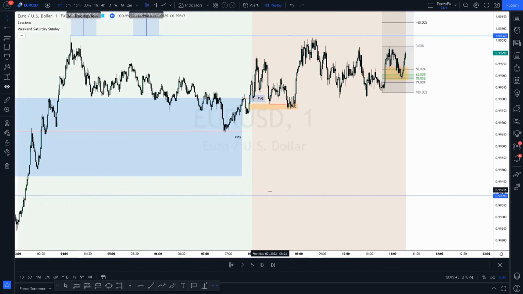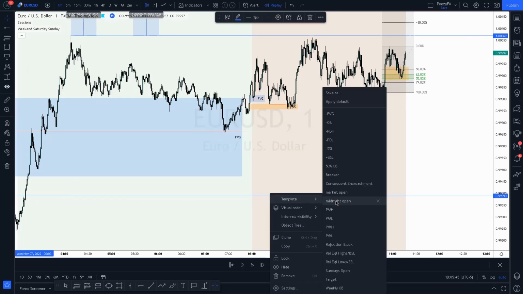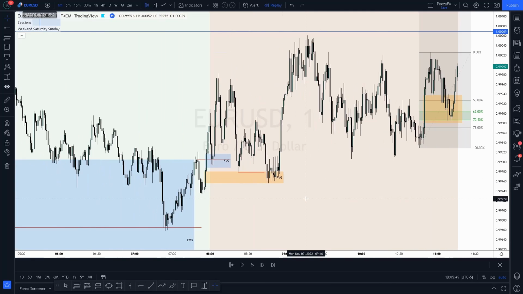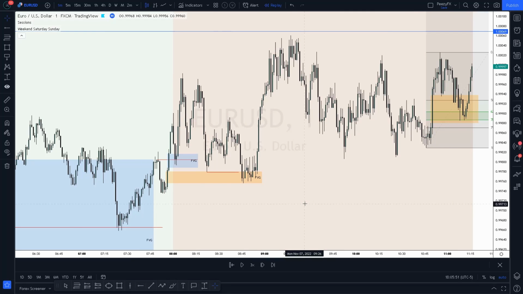Well, price did not need to get back down to midnight opening price, right? We already have our bias, and we need to learn how to operate in small dealing ranges in order to catch a nice price swing, right? I bought here, I bought again here, and I closed my trade up here.